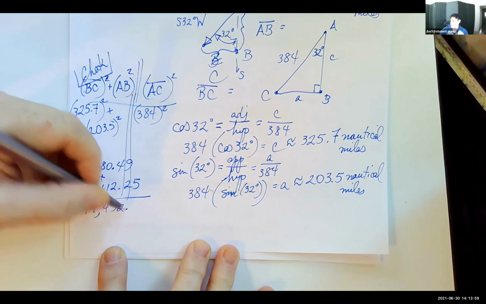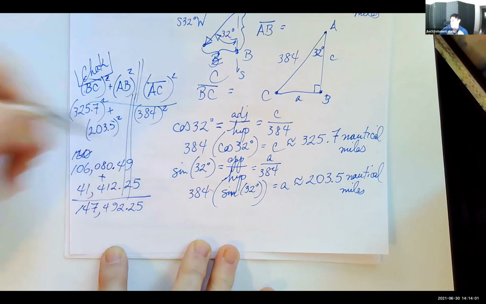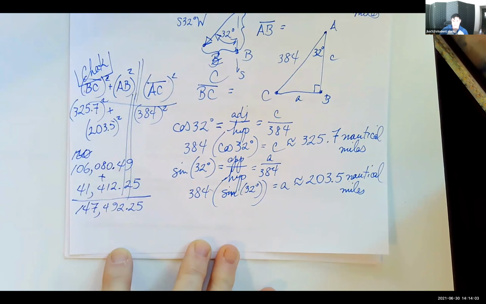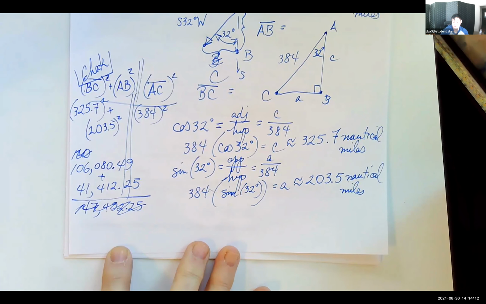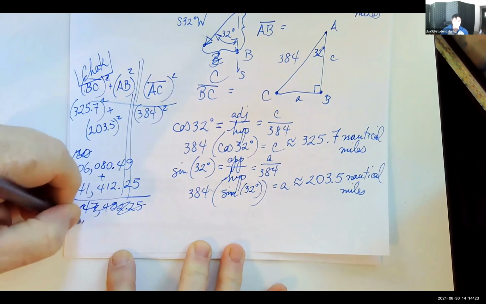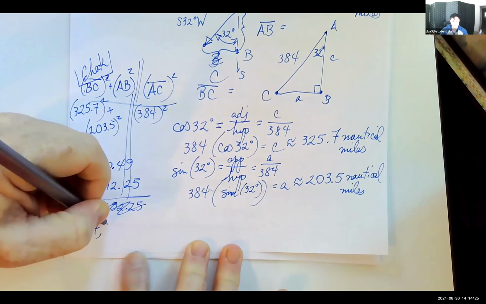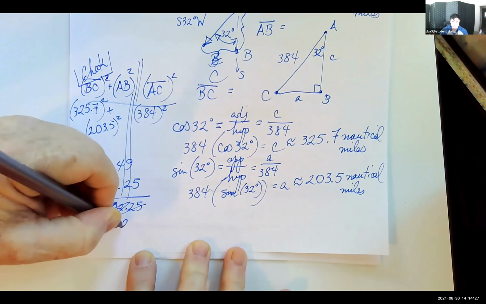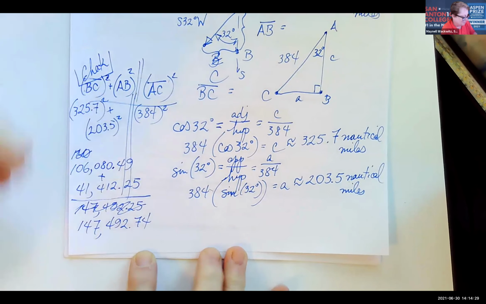Oh, I think I forgot to type the decimal on the 106,080. Let me fix that. Sorry. 0.49. It didn't really change the answer much. It was the same exact answer, but 0.74 instead of 0.25. Yeah. So 0.74.